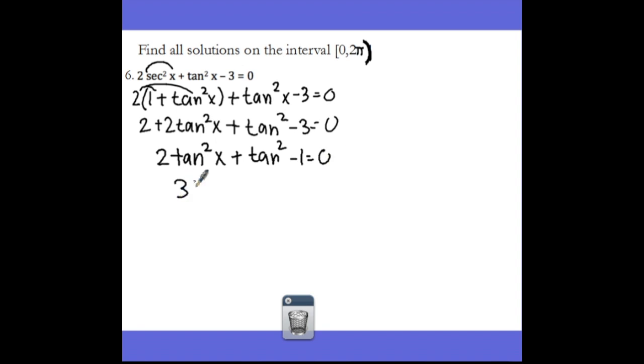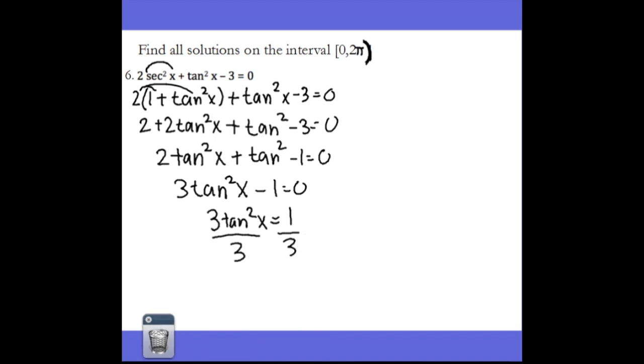Once again, we're going to combine like terms and combine the 2 tangent squareds, and we're left with 3 tangent squared of x minus 1 equals 0. And we'll add 1 to both sides, and then we have 3 tangent squared of x equals 1. We'll divide that by 3. Now we have tangent squared of x equals 1 over 3.